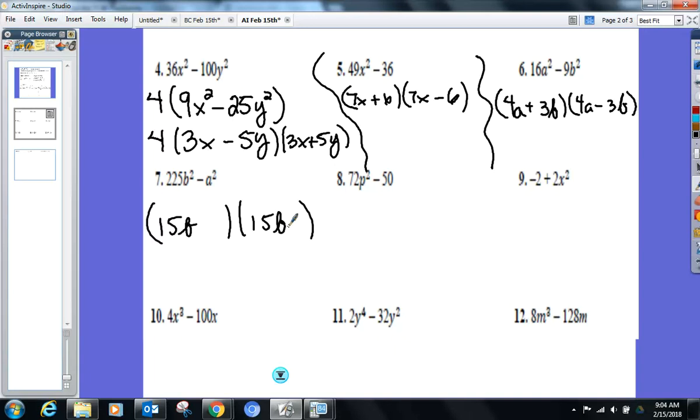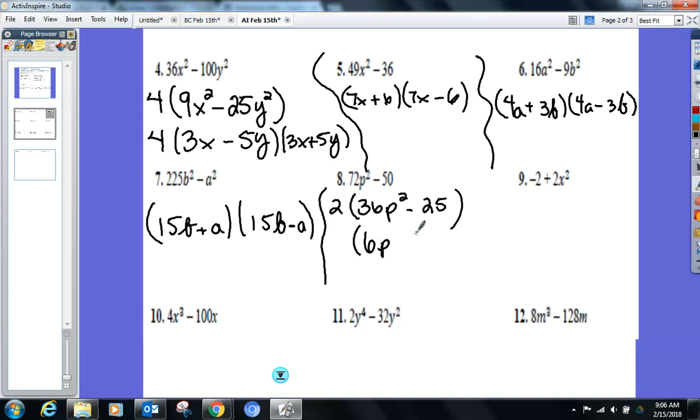So 36, 6p squared. And then 25 would be 5. Yep. And I still have to bring down the 2. Yep. To fully factor it.